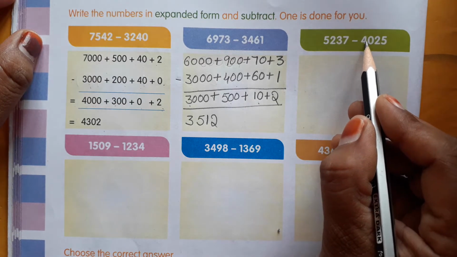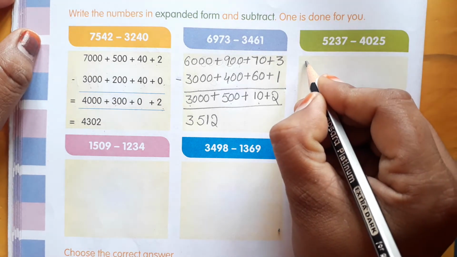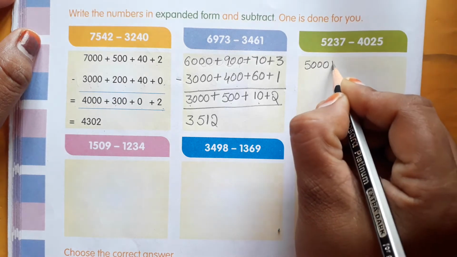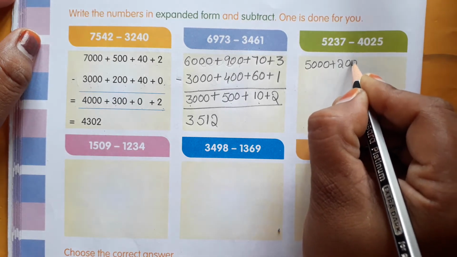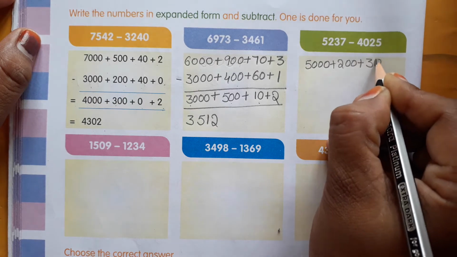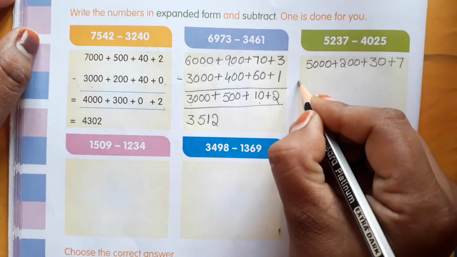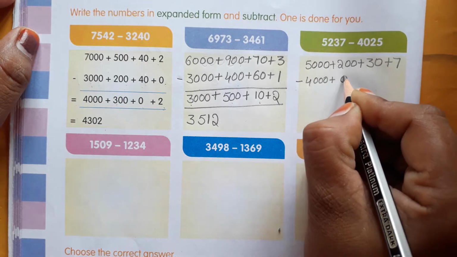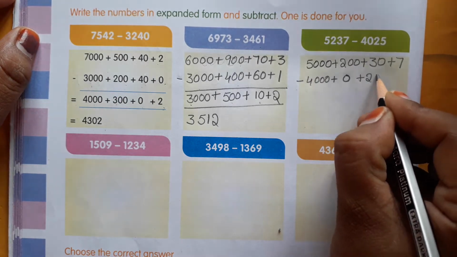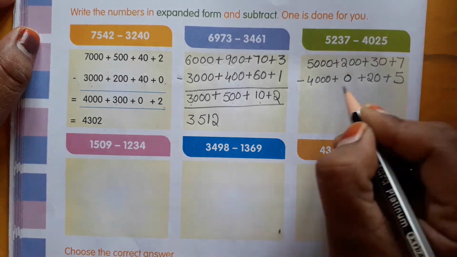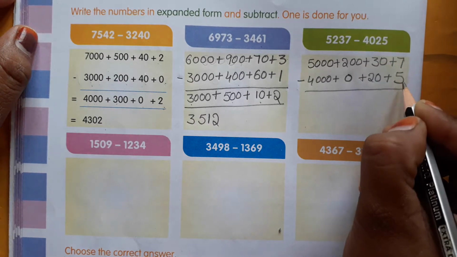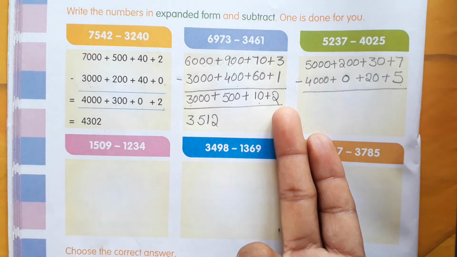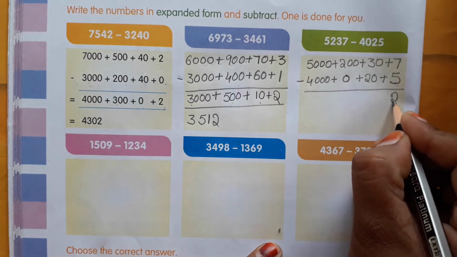5237 minus 4025. Write the expanded form for the first number. 5000 plus 200 plus 30 plus 7. Next number 4000 plus 0 in hundreds place plus 20 plus 5. Now do 7 minus 5. Take 7 fingers, 5 cut off. How many are remaining? 2.